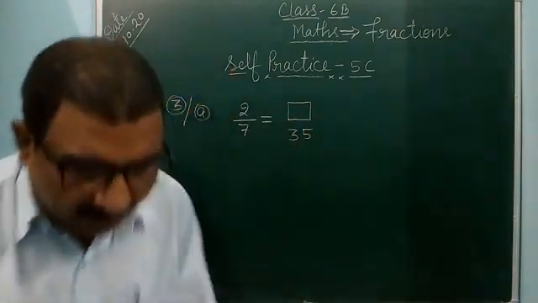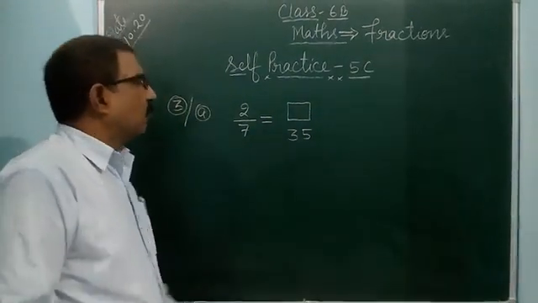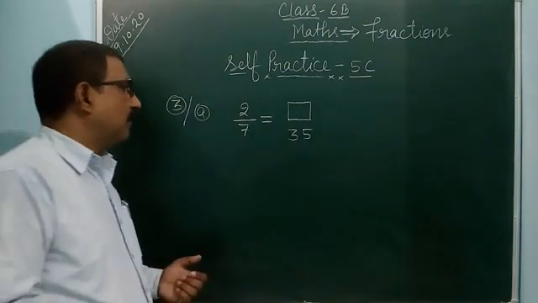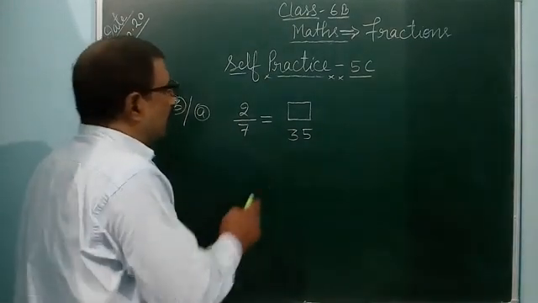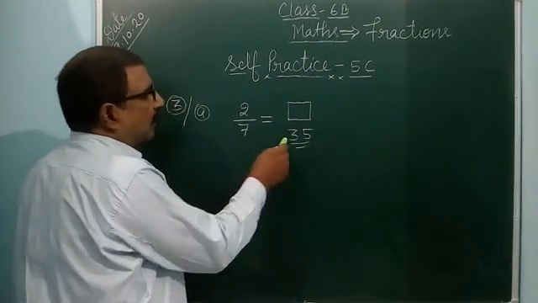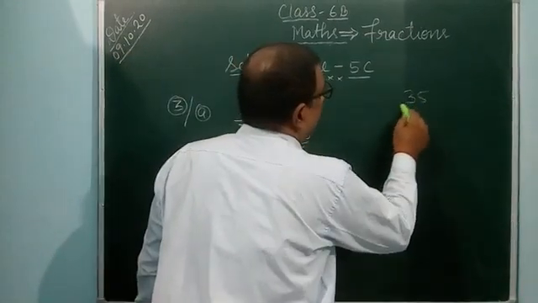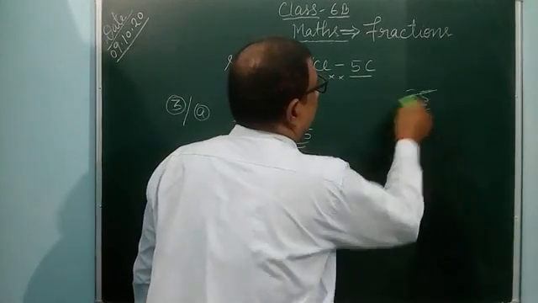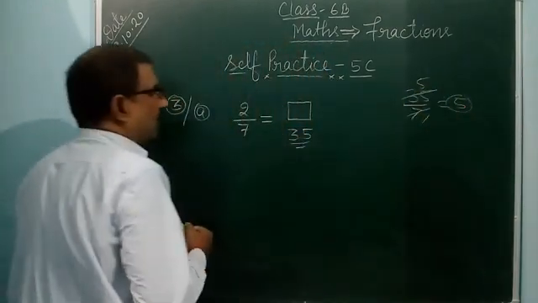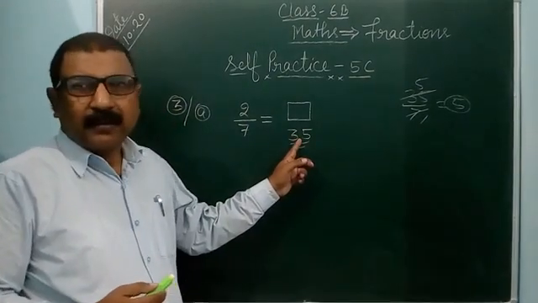How can you find the value? See, there are two methods. One is the direct method and the second is the indirect method. See, in the direct method, you divide 35 by 7, because 7 is less and 35 is more. So dividing 35 by 7, 7 ones are 7, 7 fives are 35, you get 5. 7 fives are 35.